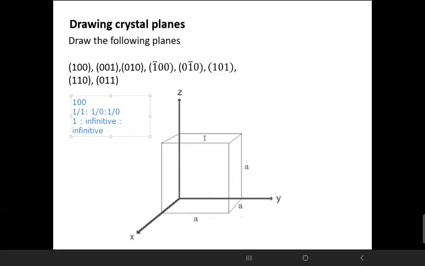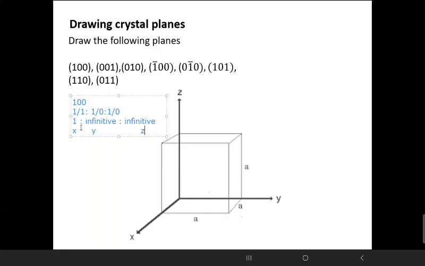Okay, so now you have to draw (1, infinity, infinity). This is for the x-axis, this is for y, and this is for z. The same orientation you will get. This is the x-axis, this is the y-axis, and this is the z-axis. So (1, infinity, infinity).